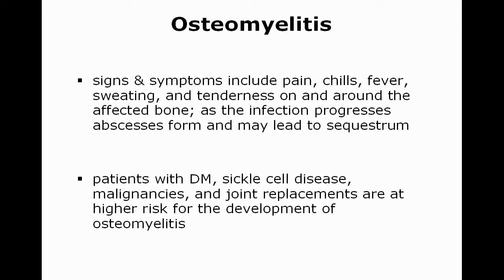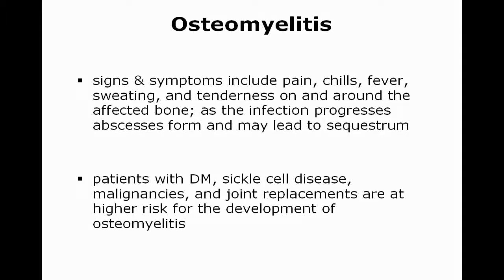People who are more likely to develop osteomyelitis are people who have had joint replacements, people who have diabetes mellitus, sickle cell disease, and certain cancers. Certainly to diagnose this, the signs and symptoms and the pain, and if the person has a history of having a joint replacement, the physician's going to be thinking more likely towards osteomyelitis.